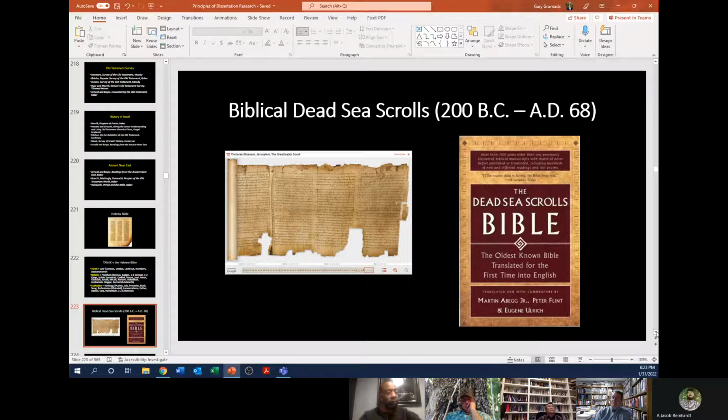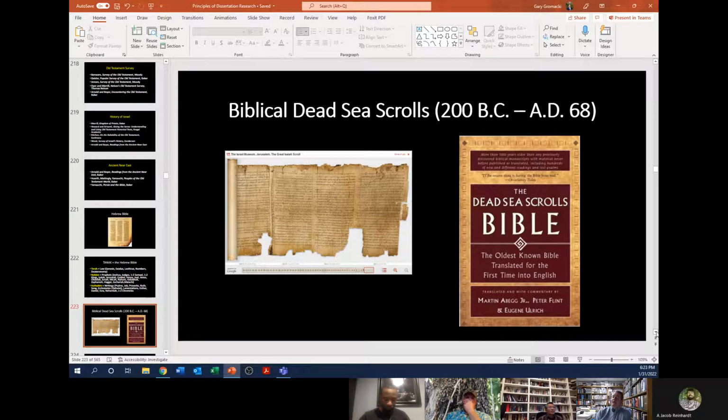And so he's had access to look here at the Leon Levy Dead Sea Scrolls site. Also a very interesting book, The Dead Sea Scrolls Bible: The Oldest Known Bible Translated for the First Time into English.